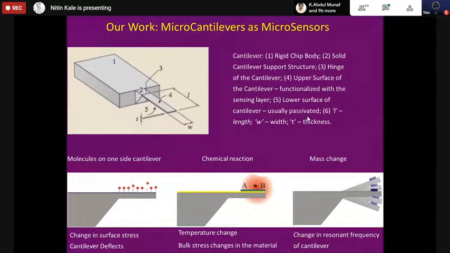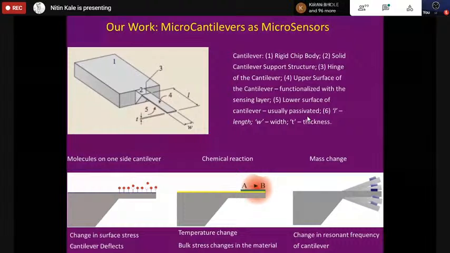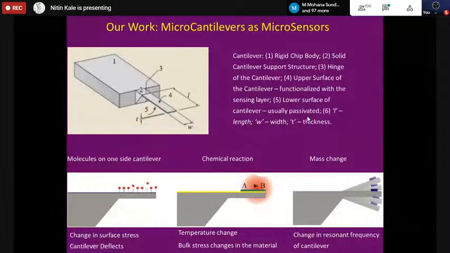The second thing that you can do is use it as a thermometer. Let us say you have a bimaterial cantilever made up of two different materials. This is one, this is second, and their temperature coefficients of expansion are different. So if you do a chemical reaction on the cantilever, the reactions are either endothermic or exothermic, so the temperature will change.